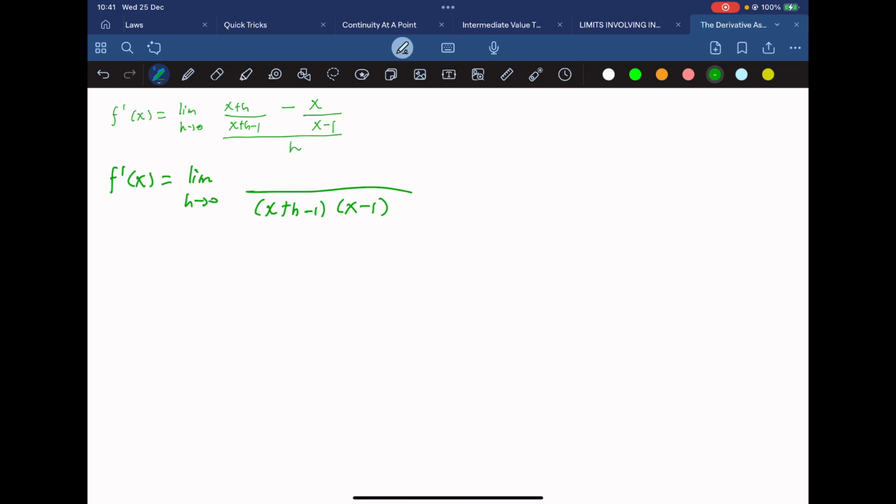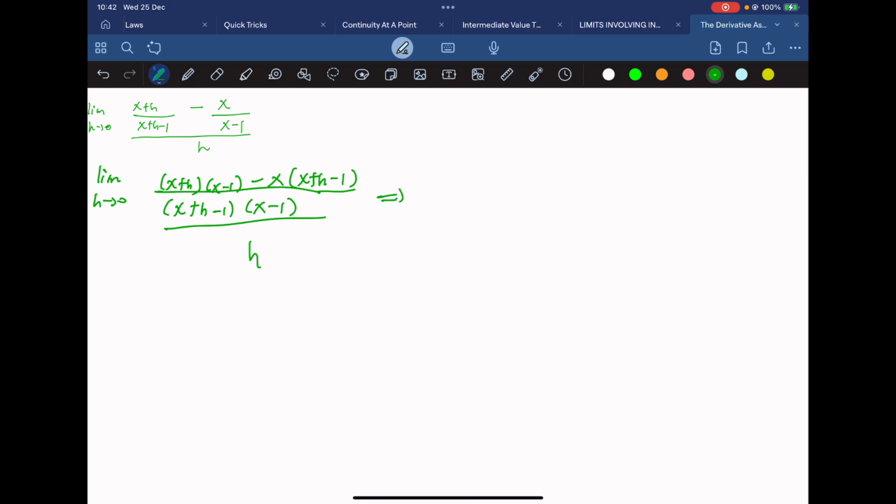If x plus h minus 1 comes into this, it will cancel the first part, leaving just x minus 1. So we have to multiply x plus h by x minus 1, then minus our x. If this denominator comes over here, it will cancel just this, leaving x plus h minus 1. So we have to multiply this by x plus h minus 1. Then everything over h.